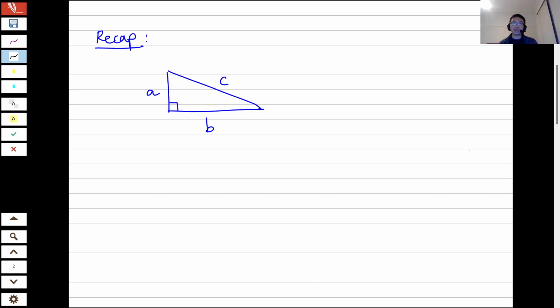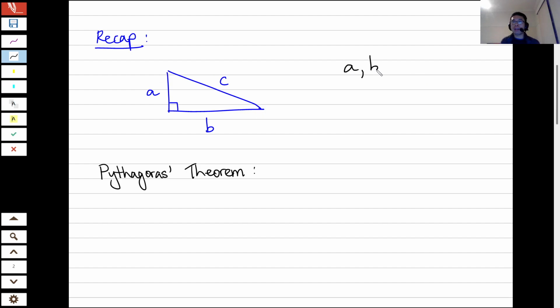Hopefully by now you have seen this diagram a few times, and I'm really hoping that well into the future you'll remember what Pythagoras' theorem tells us. Pythagoras' theorem is a formula which tells me about the relationship between the side lengths in a right-angled triangle.